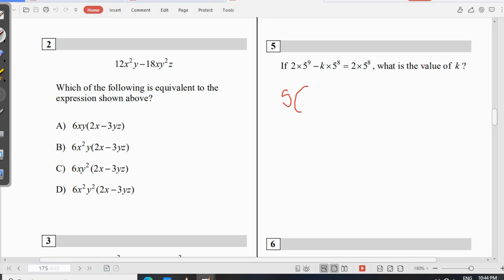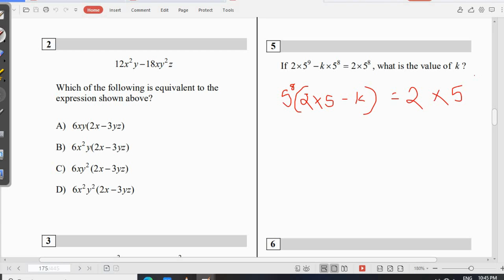If this is 5 raised to power 9, you can put 5 raised to power 8 times 2 times 5 raised to power 1, which is times 5, minus k. You just have times k there, minus k, and we'll put this in brackets, equal to 2 times 5 raised to power 8.